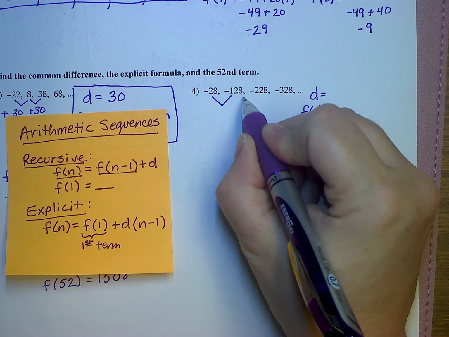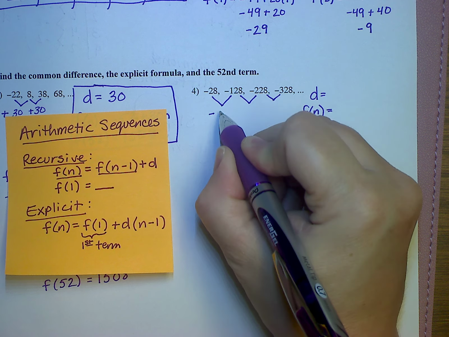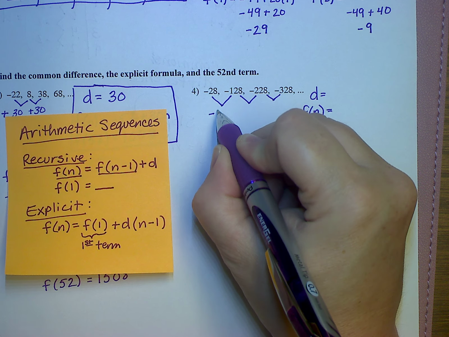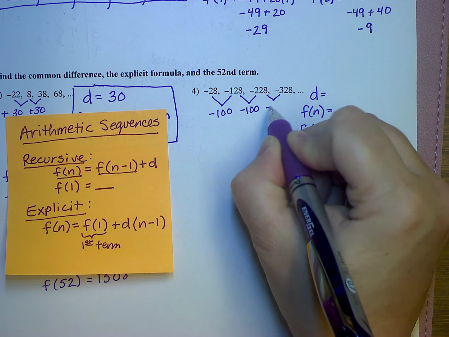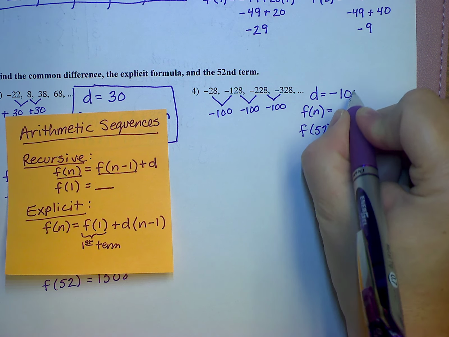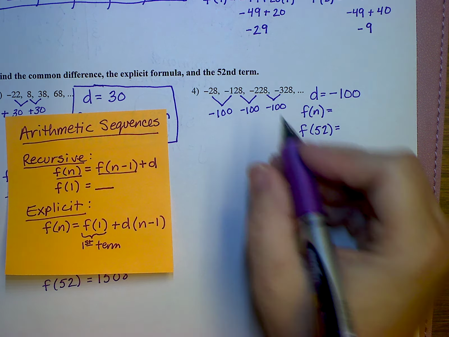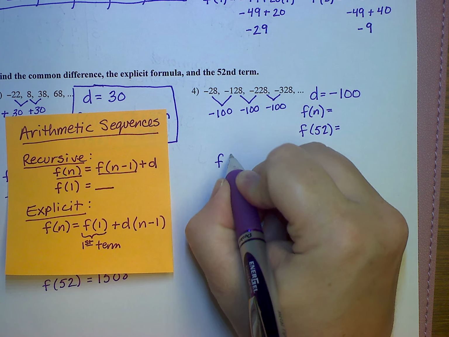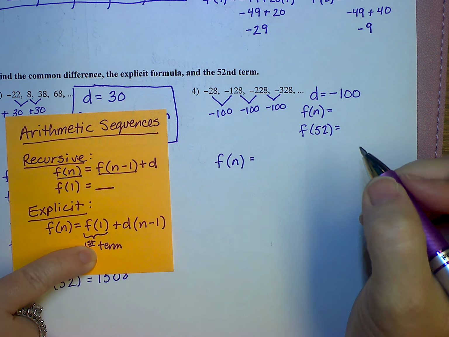What is my D value here? What are they subtracting? So my D value is negative 100. Okay, so I'm going to use my formula, f of n equals f of 1, that's the first term.